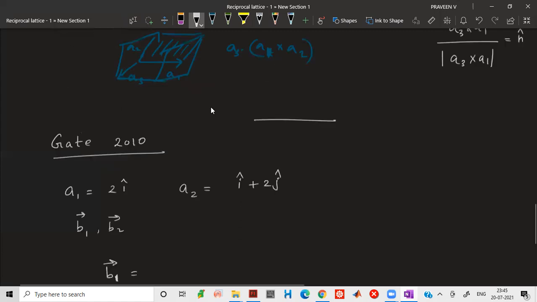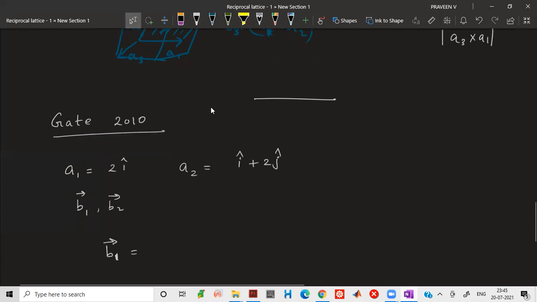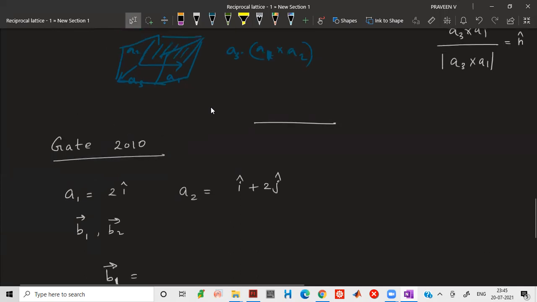So let's get a pictorial idea of what this actually means. Say this is my x-axis, that is the j direction, and this is my i direction. So the first atom will come, if this is the origin, at a distance of 2 on the i axis or x axis, and this A2 will appear at i plus 2j.